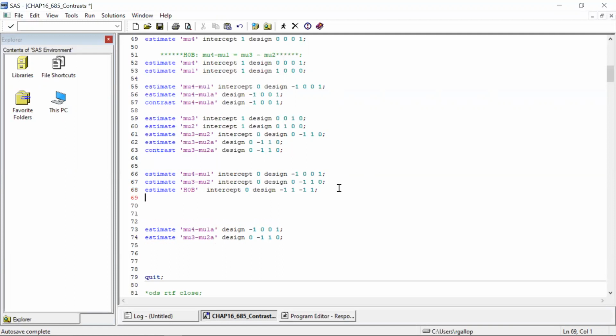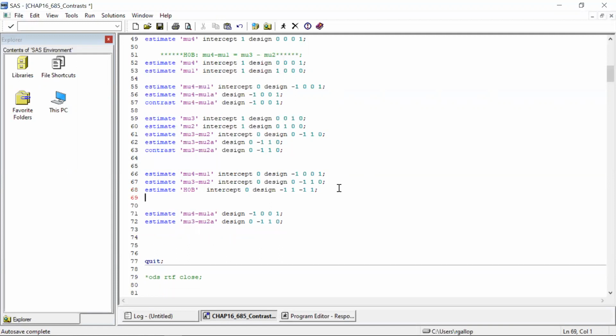That's the contrast. I can either do it this way. Now realize, this is a legitimate contrast. Why? Because for each term, all the coefficients sum to 0. Sums to 0. Sums to 0.